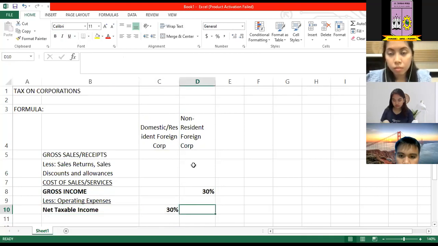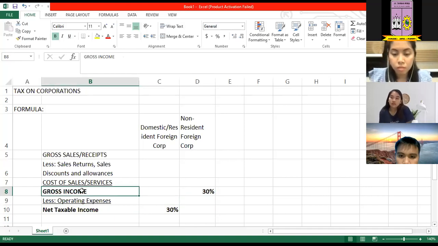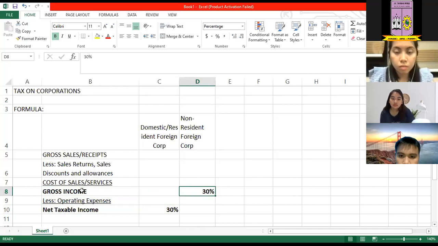Now, for non-resident foreign corporation, hanggang gross income ka lang. Kasi yan yung sabi ng batas, di ba? So, you need not find the net taxable income if the taxpayer is a non-resident foreign corporation. So, diretso ka na kapag nakuha mo na yung gross income, diretso multiply by 30%, then that's it. That's your regular income tax rate. Okay?